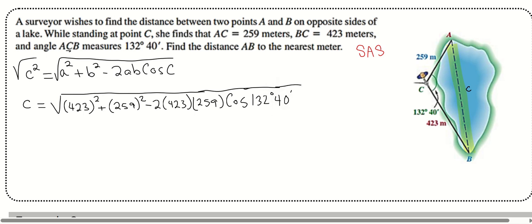And again, using your fancy calculators, fancy phones, we should end up with a side length of 628 meters. And that's again rounding to 3 significant figures.